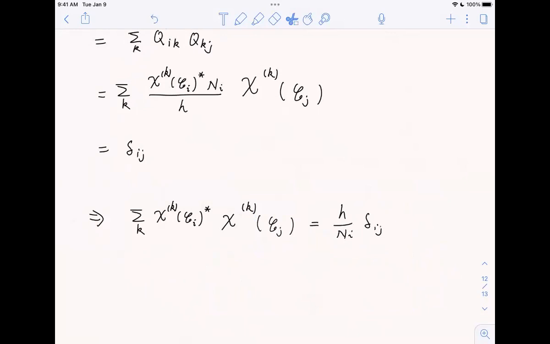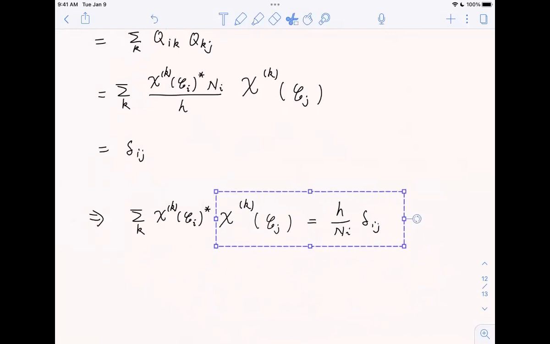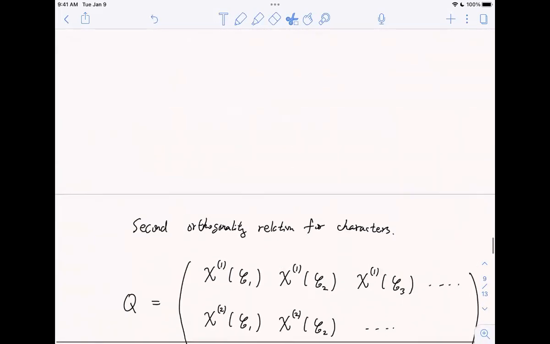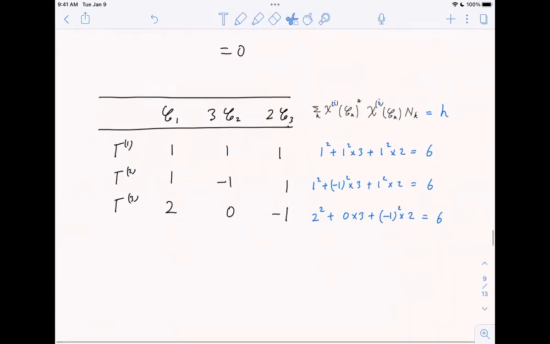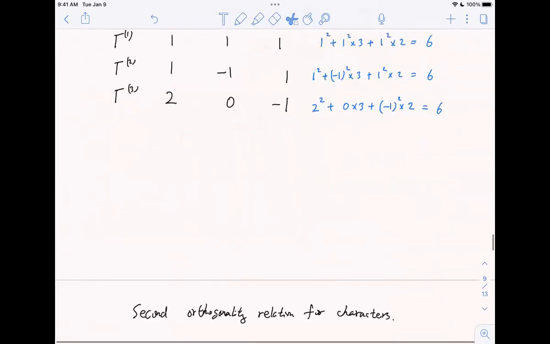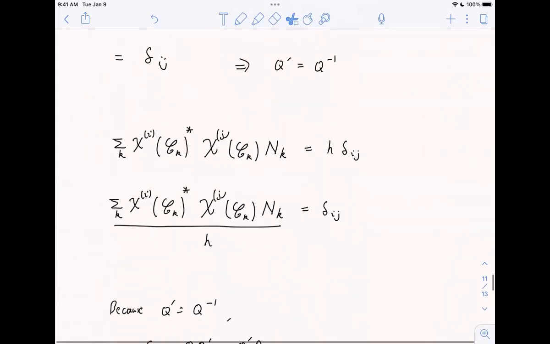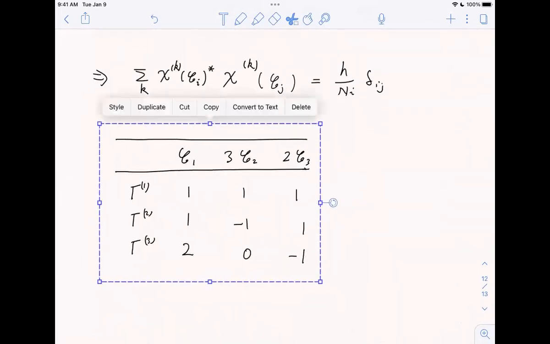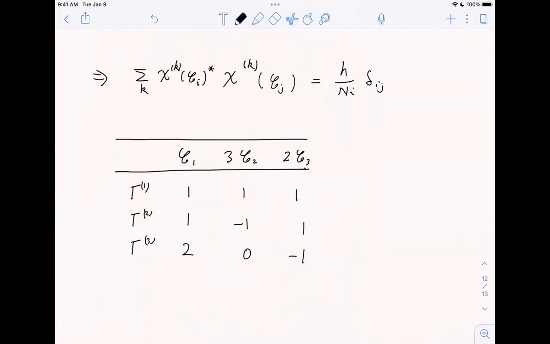So this relationship means, when you are doing, okay, let's go back to this example. What does it mean? It means these are different columns.